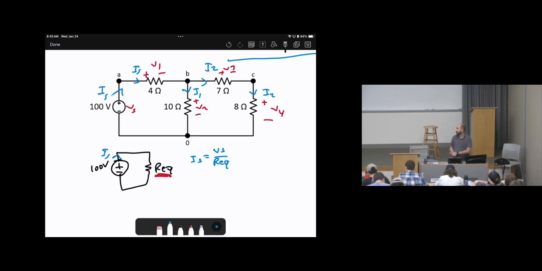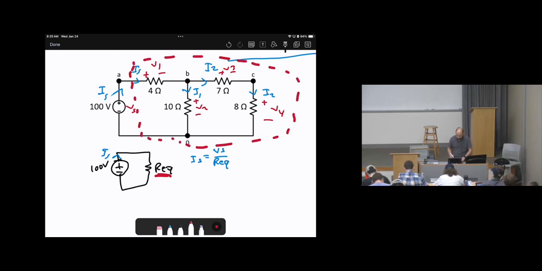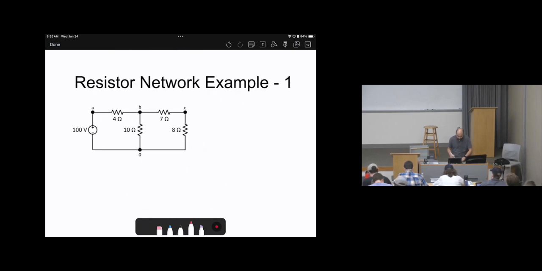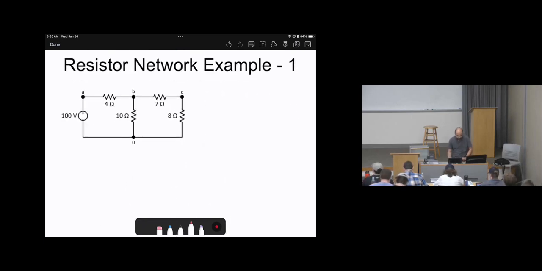Now, how to find R equivalent? Keep in mind we need to find R equivalent with respect to the source. Basically, I can write this here: 4 ohms, 10 ohms, 7 ohms, 8 ohms.